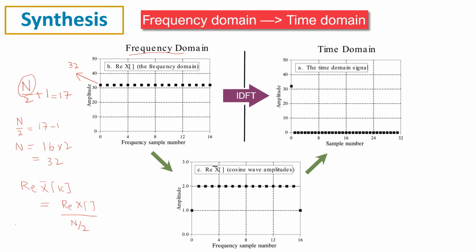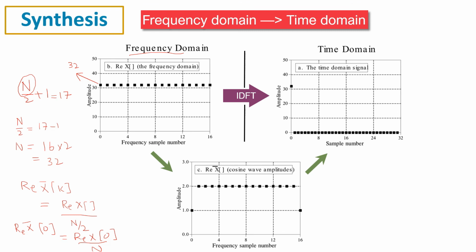So the first point will be divided by n, and n is 32. For the first and last it will be different. We start with the second one. So actually this whole part is 32, so all the points are at the 32 level.